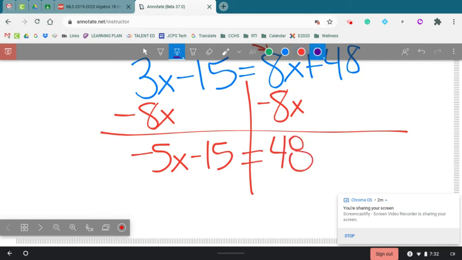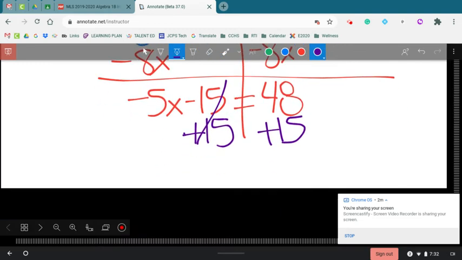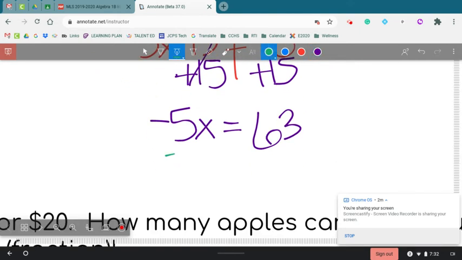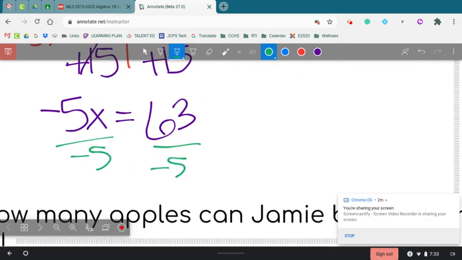My next step is to move the 15, so I have to add it because I have to do the opposite. You get negative 5x equals 63. And then your last step is to divide by negative 5. So you're going to get x equals negative 63 over 5.